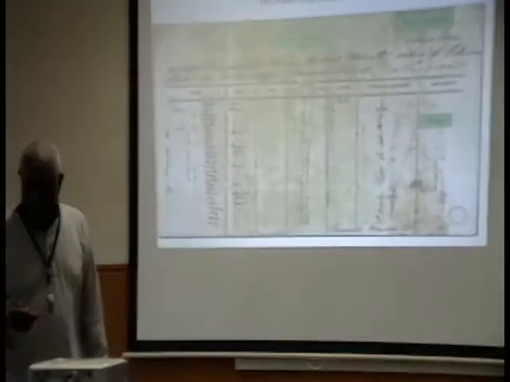Here's an example of a ship manifest, and the only reason I use this example is because on the manifest you have a ship-from location, which happens to be Savannah, and then you have a ship-to location right here, Charleston. And here are the owners of the cargo listed right here.